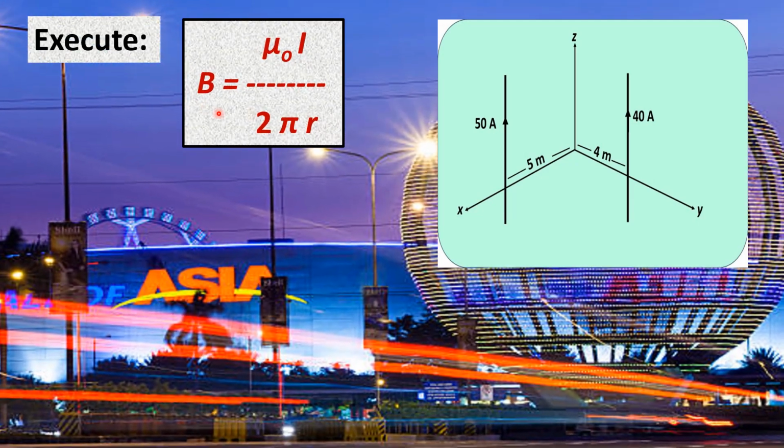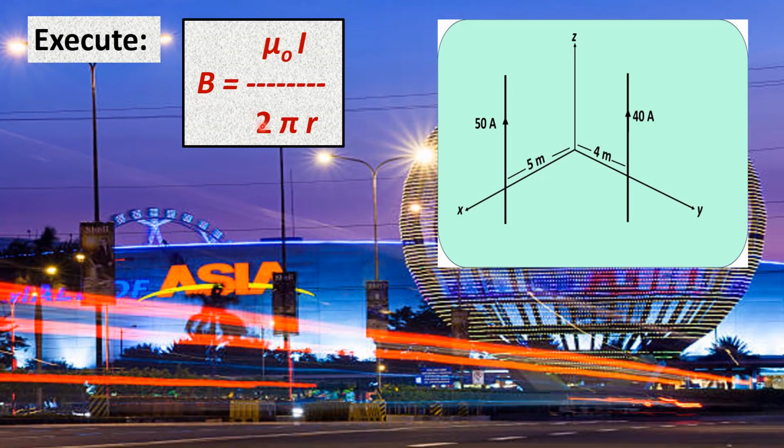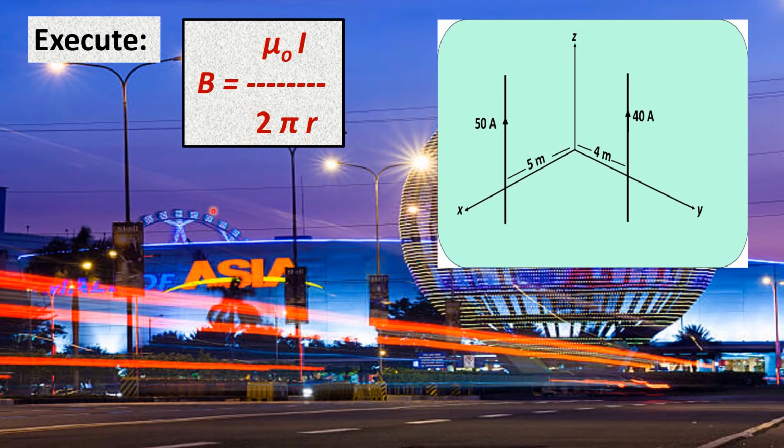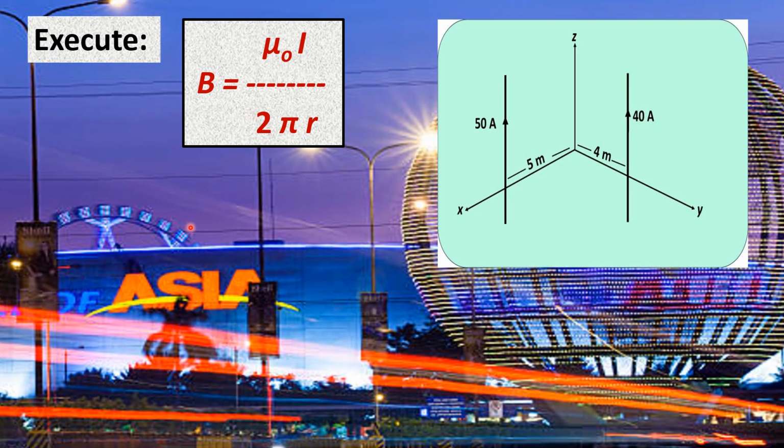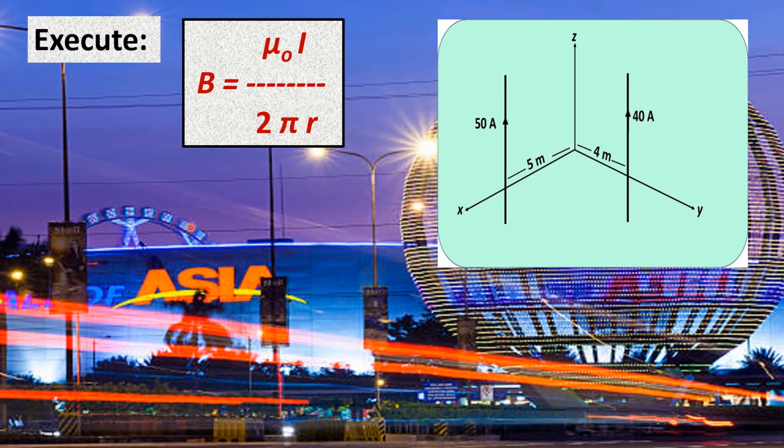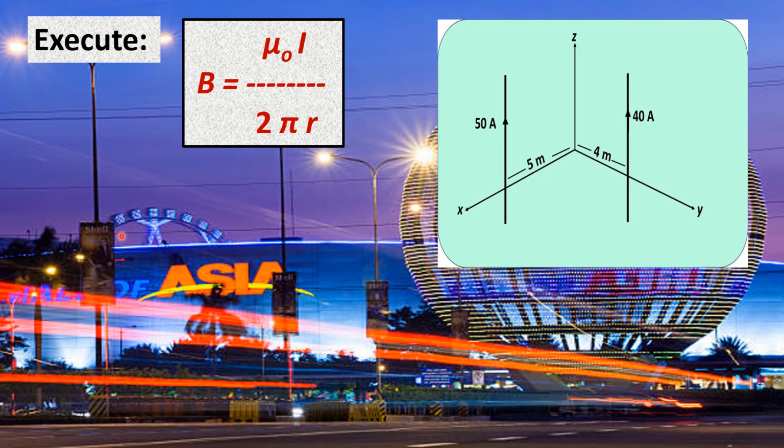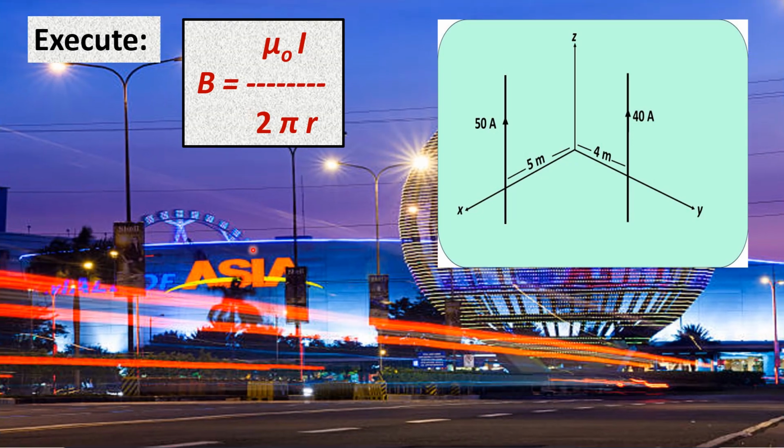So using this formula for magnetic field, we will now determine the magnetic field that is induced by the current in wire number 1. Alright?